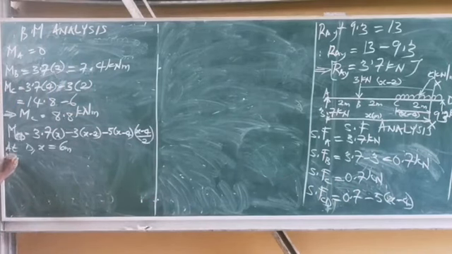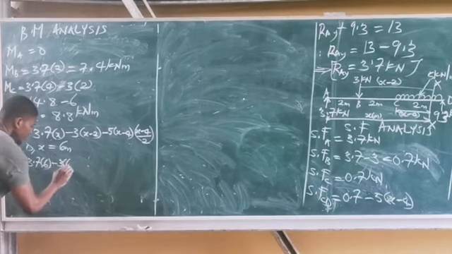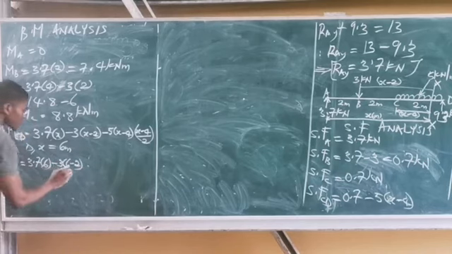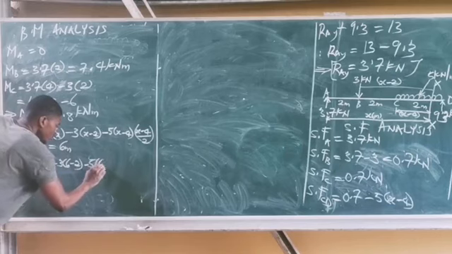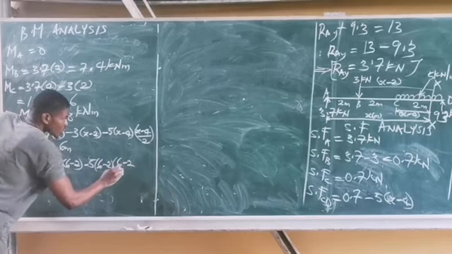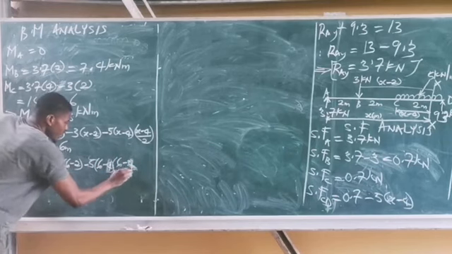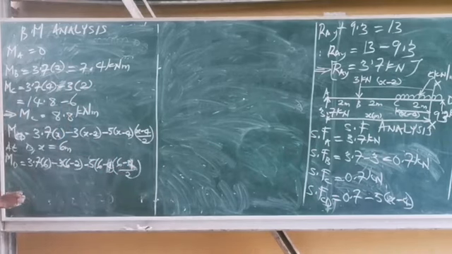Therefore, moment at point D is equal to 3.7 into 6, minus 3 into 6 minus 2, minus 5 into 6 minus 4 into 6 minus 4 divided by 2.